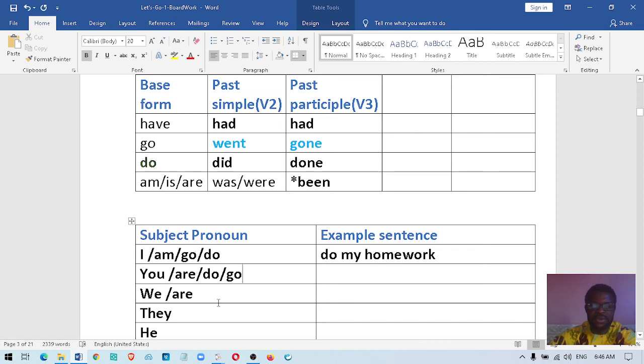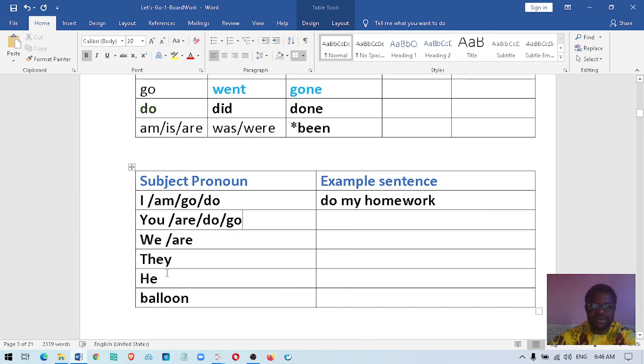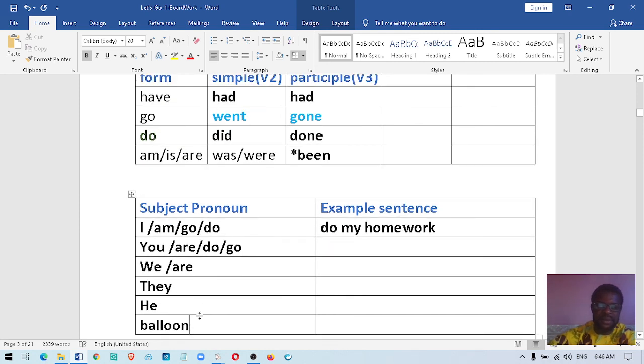But here, this one is different. If it is it, or she, or he, this one is he is. If it is have, we say he has.